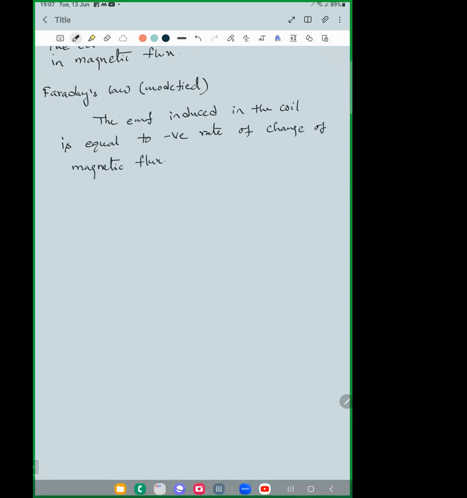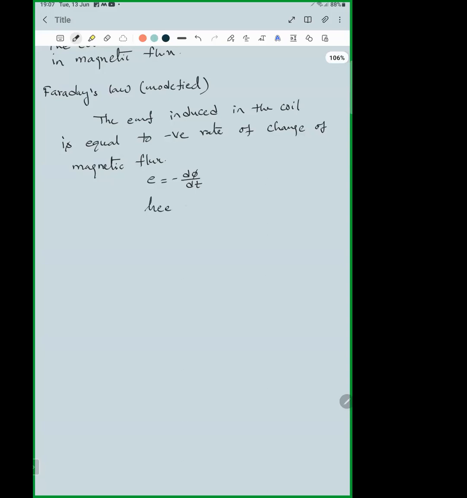Sir, what does that mean here? You can write here E is equal to minus d phi by dt. Okay, negative sign indicates opposite direction. As we know, phi is equal to BA. Otherwise, you can write it as NBA. Okay, so here phi is equal to NBA, isn't it?